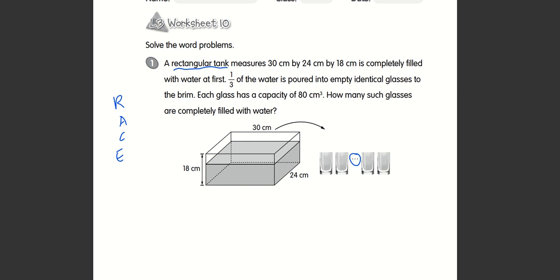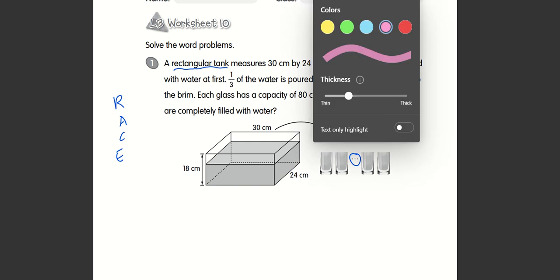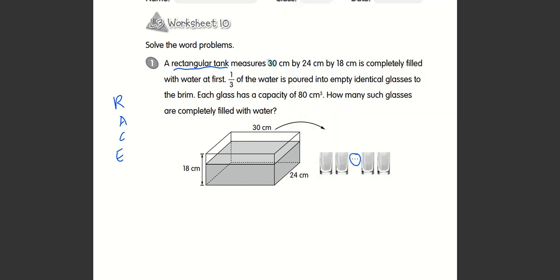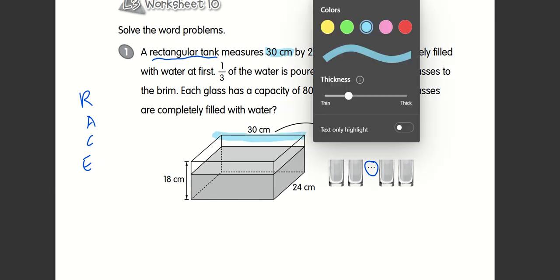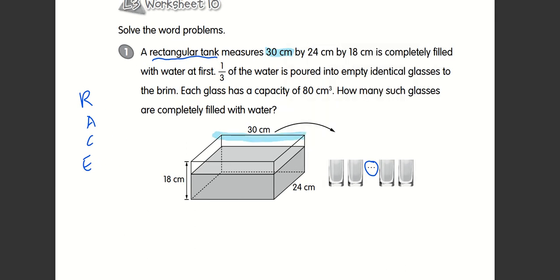So you have the tank here, the measurements are here, so I will highlight the measurements as usual. 30 centimeters, that's the length. So highlight the length of the tank. Then you have 24 centimeters, the breadth.